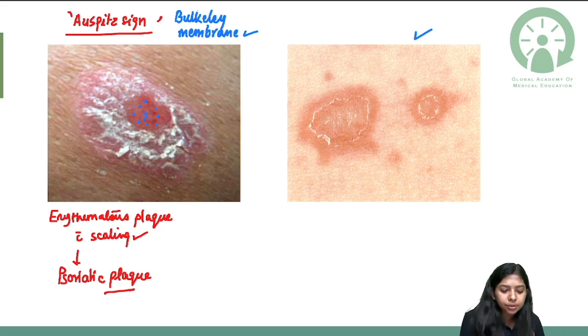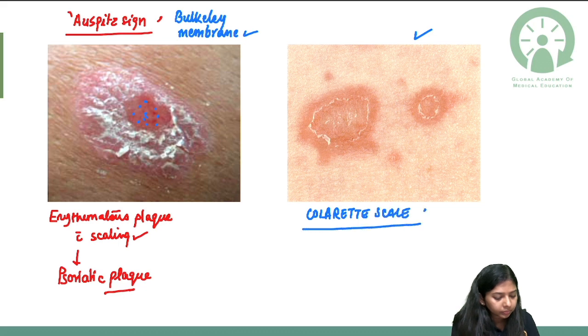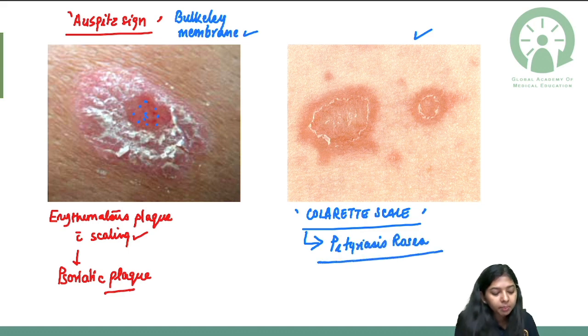Coming to this, what are you seeing? You're seeing an erythematous patch which has a scale, right? It has a collar-like scale. So this is a collarette scale. What is this? It is seen in pityriasis rosea.